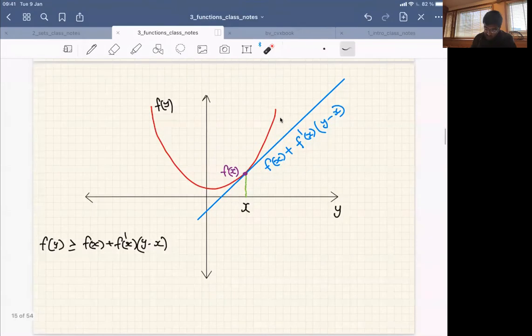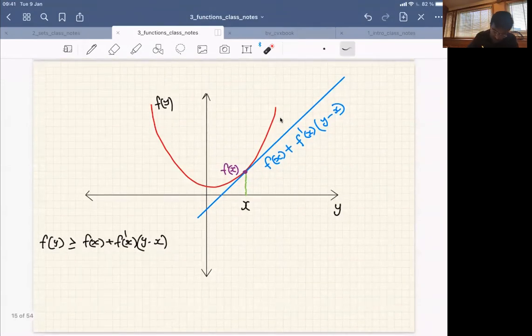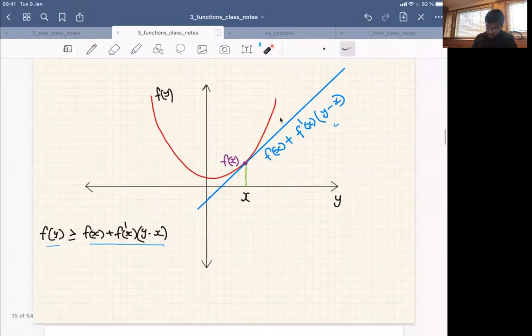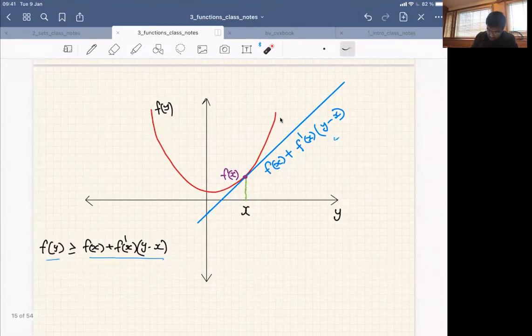So the main part is this. I have this line. Then what I can say is that this line will always be less than or equal to the entire function of y. This is very useful because we only have local information at this point x.